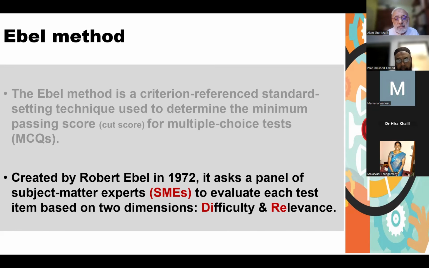That means the subject matter experts, for every MCQ, would assess that question based on the difficulty level and the relevance to the medical profession or to that particular assessment.